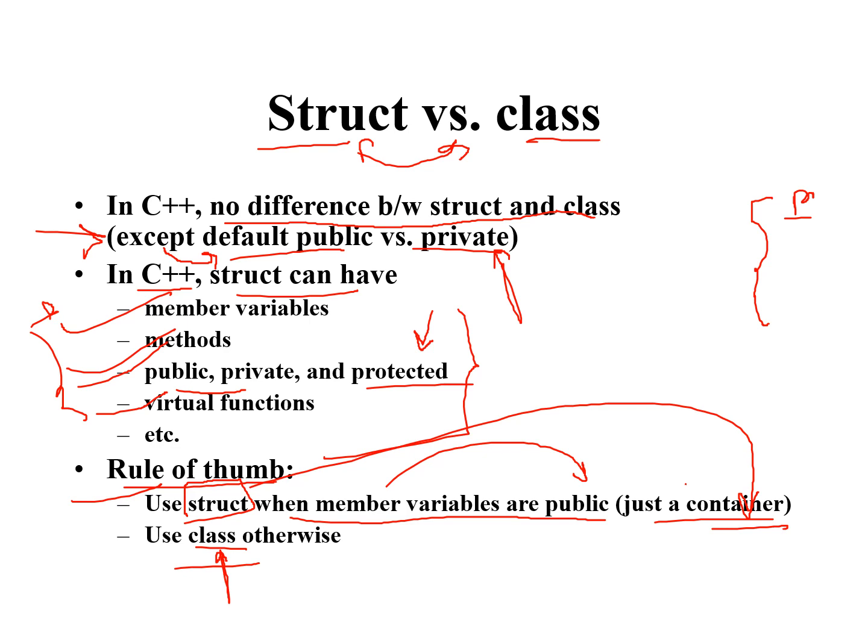If the member variables are public, you can use struct as a container. Otherwise, you can go with the class. This is all I'm trying to say by this explanation. I think it is clear up to now. Now I can move on.